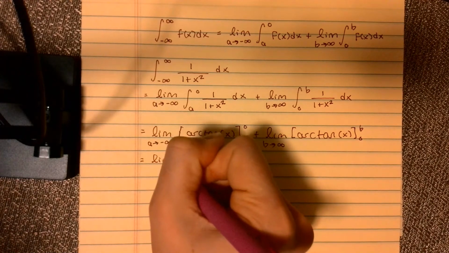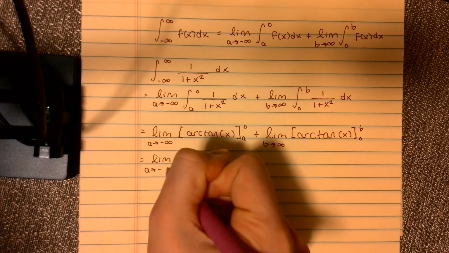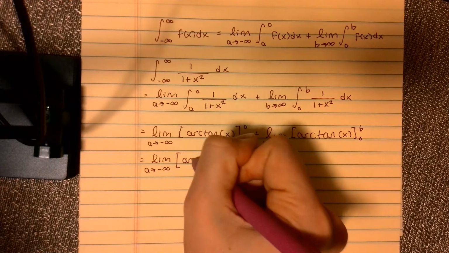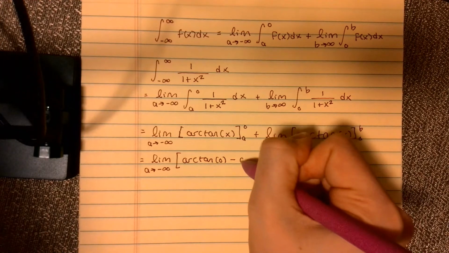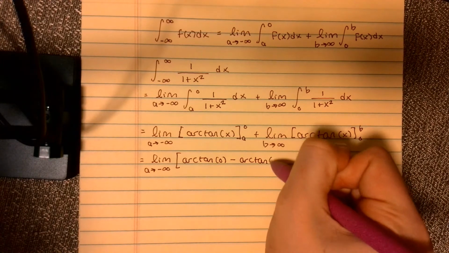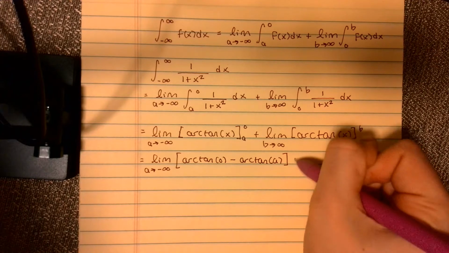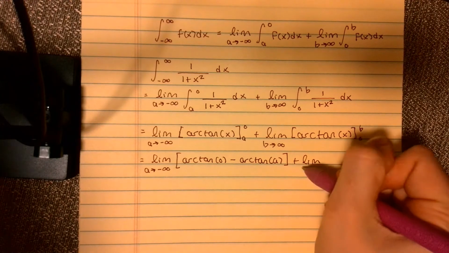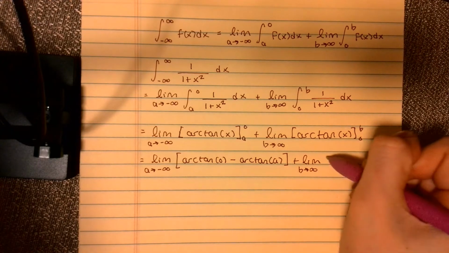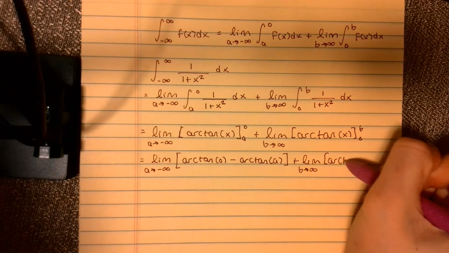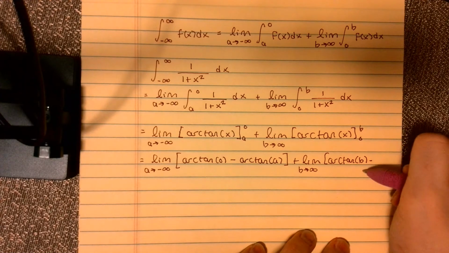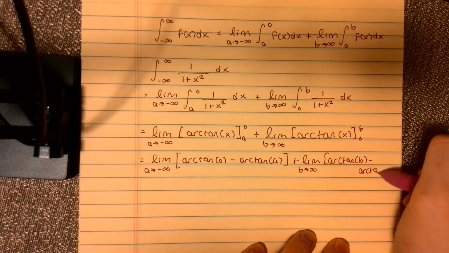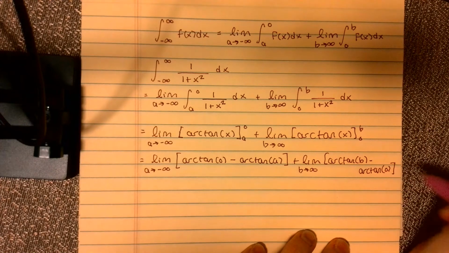The limit as a goes to negative infinity of arctan of 0 minus arctan of a, plus the limit, oh no, I'm going to run out of room, b goes to infinity of arctan of b minus arctan of 0. Here we go.